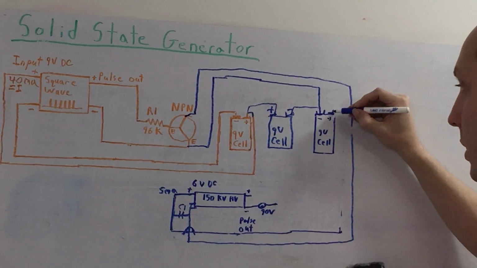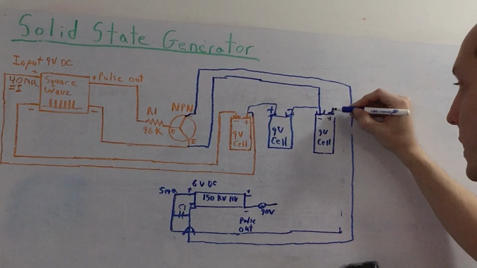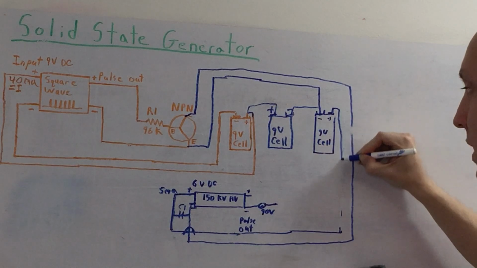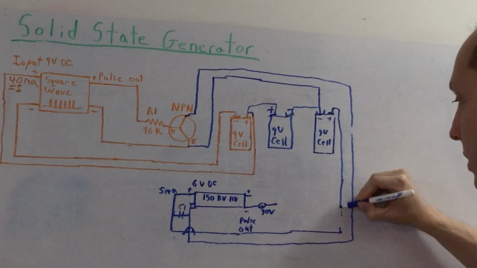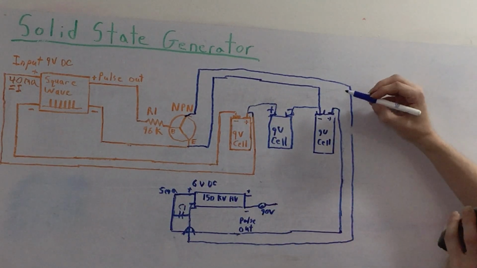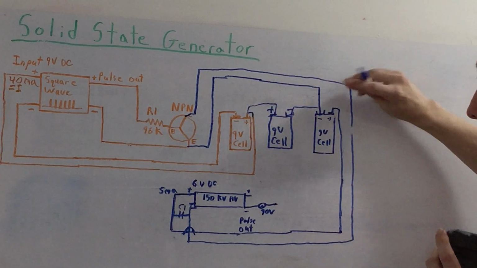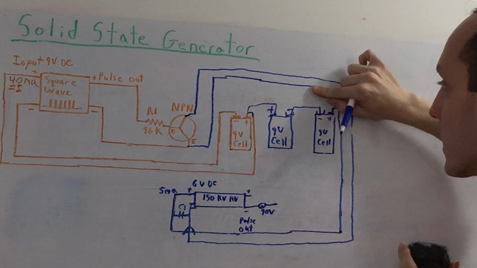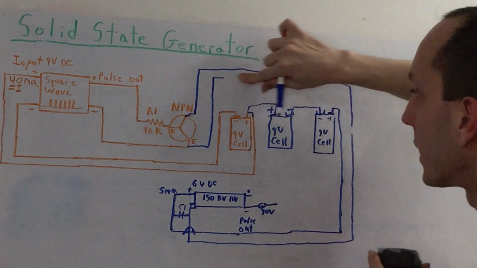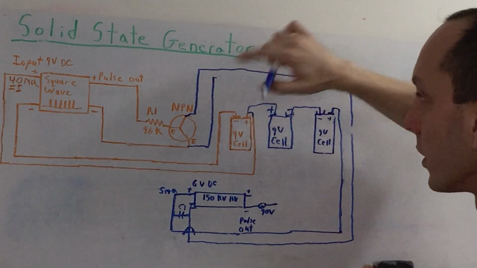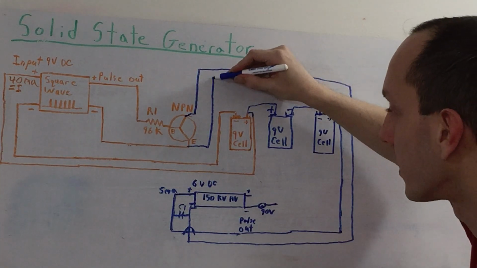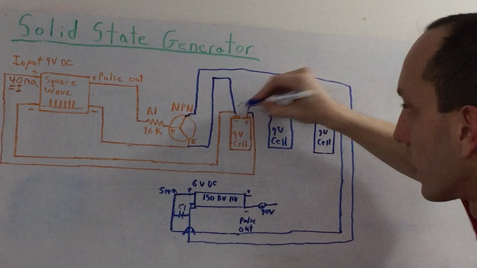So our plus here is going to be this one here, like I actually had it. I don't know why I did that, but okay. And then the negative, instead of being this one here that it's pulsing, we're going to disconnect this negative here, and we're going to go right to the negative here.